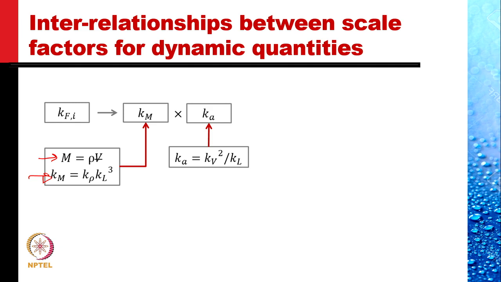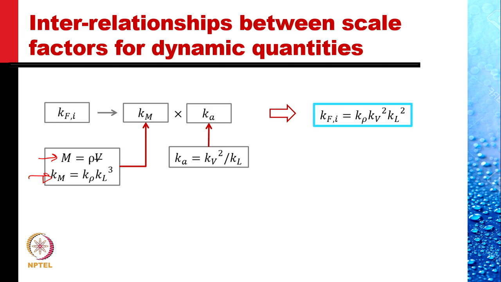And this gives a relation Kfi is equal to K rho Kv square Kl square. This is one formulation of the scale factor for inertial forces in terms of the three quantities K rho, Kv and Kl. If we wanted to use Kt, this would have a different formulation.